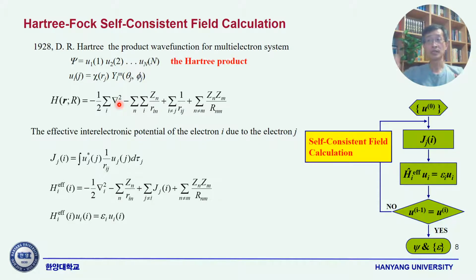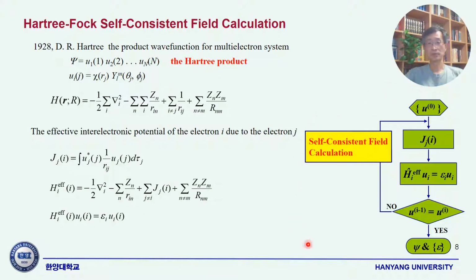You complete that cycle so that you determine electron 1 to electron n, and then compare this to the previously assumed orbitals. If they are the same, you're done, but if not, you repeat that procedure.